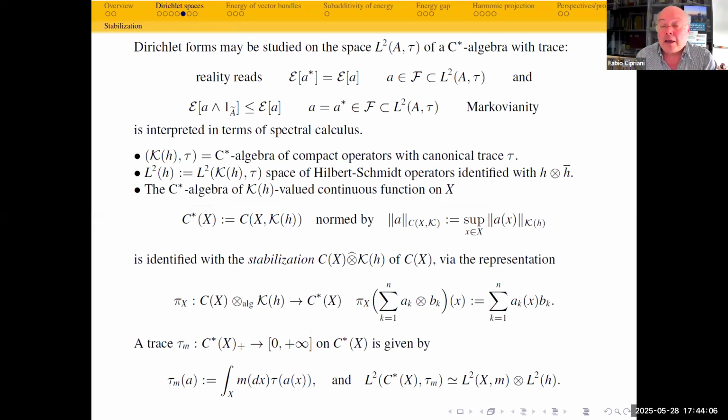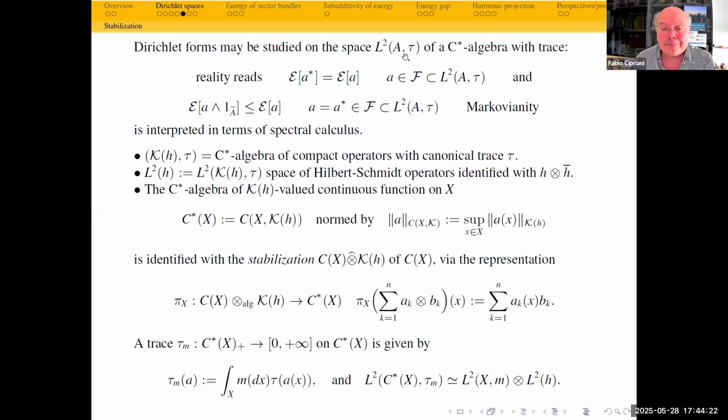This theory has been generalized in the non-commutative setting, and today we will consider just any von Neumann algebra in a measurable case.